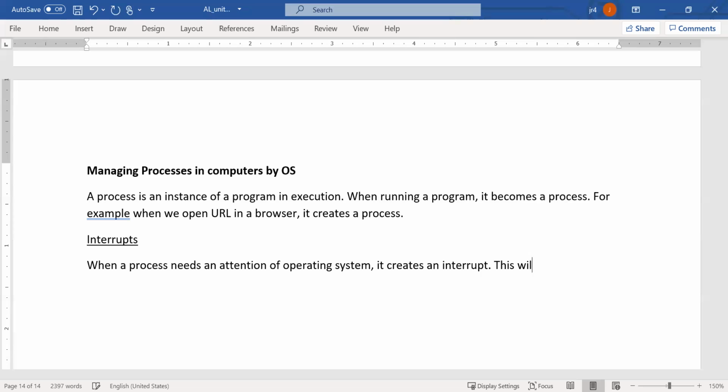This will request the change of order of process execution.